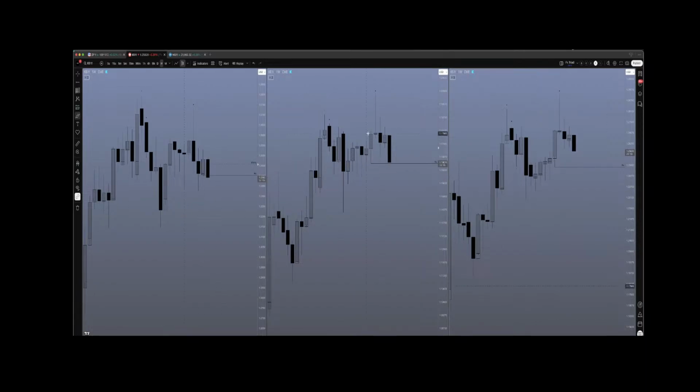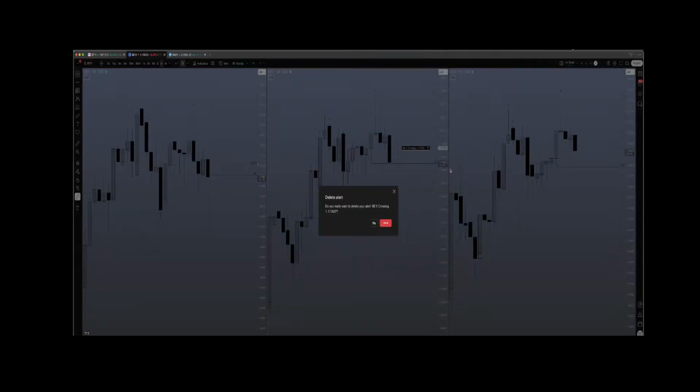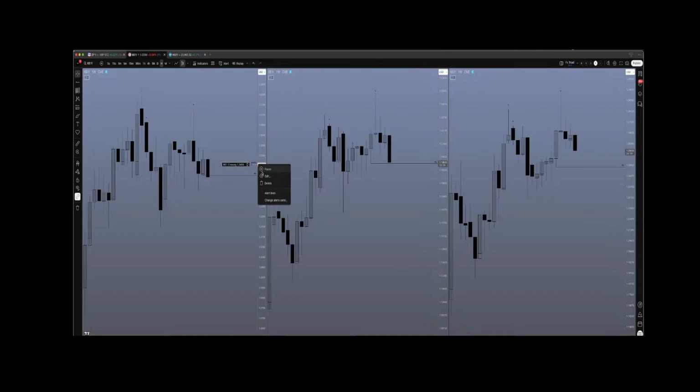if you can see here, my level was taken out. That was always going to be my level. That was why I was skeptical of taking a long yesterday from that level. It was a 5-second entry, but overall I was trying to fade the move.